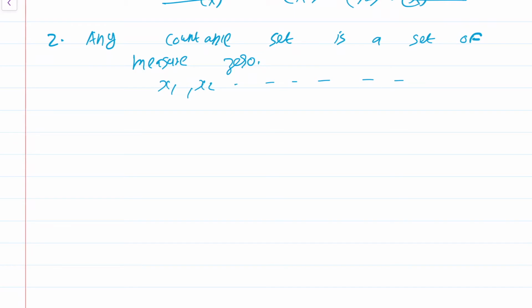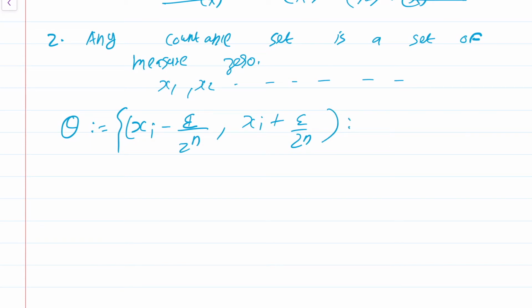We are now experts in convergent series. What you do is you consider the collection O defined to be the open intervals (xi minus epsilon by 2 power n, xi plus epsilon by 2 power n) as i runs through the natural numbers.